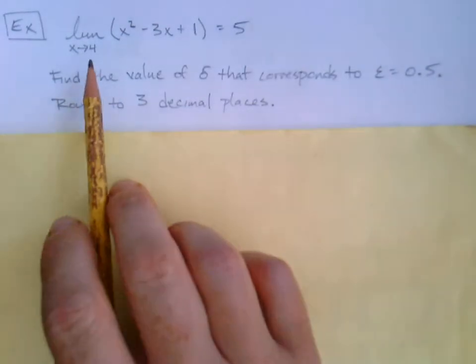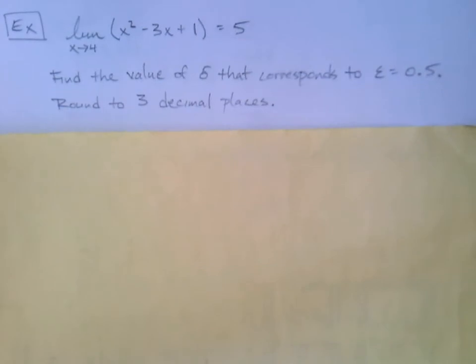And you could tell if you were to plug 4 in, that would give you 5, the answer to this limit. Okay, what are we going to do with that? Find the value of delta that corresponds to epsilon equals 0.5. And we're going to have to round.